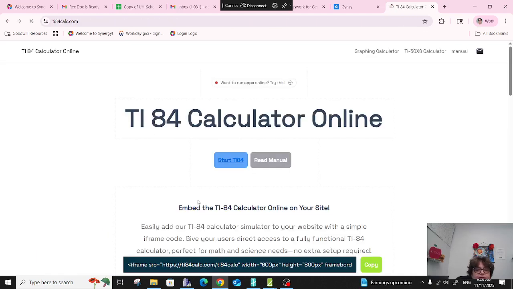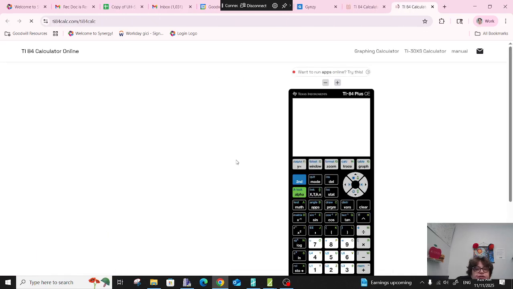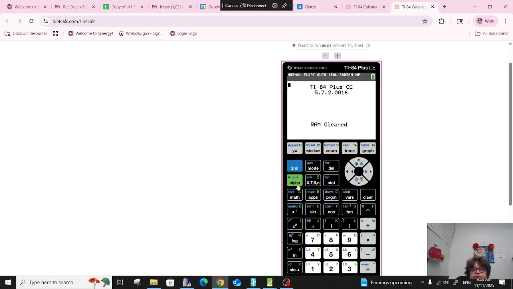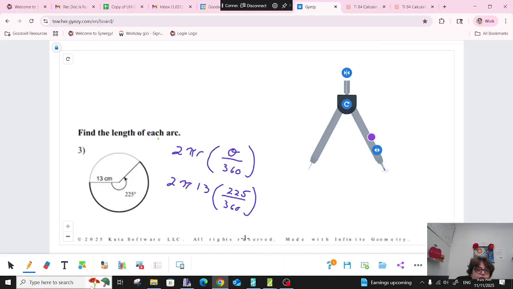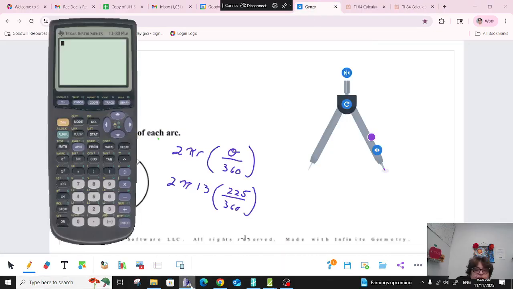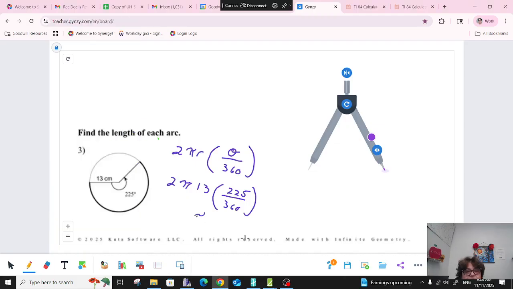So if you start it, it looks just like my graphing calculator, right? So we are not going to multiply the pi. We're going to keep this as an exact answer. So the pi is just going to be part of the answer. This is all part of the numerator.